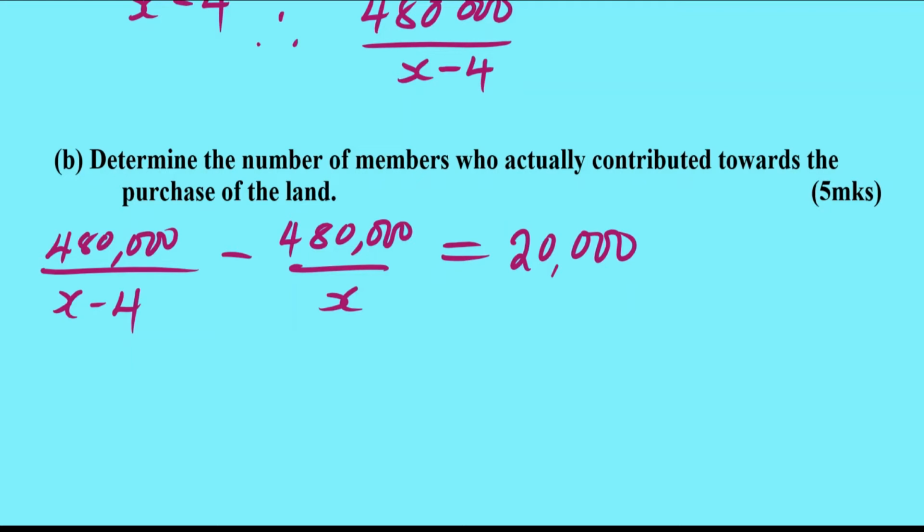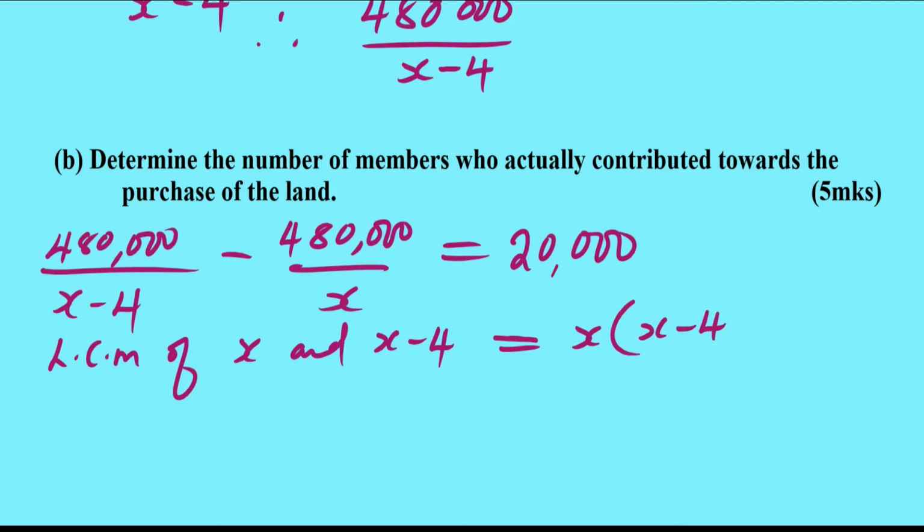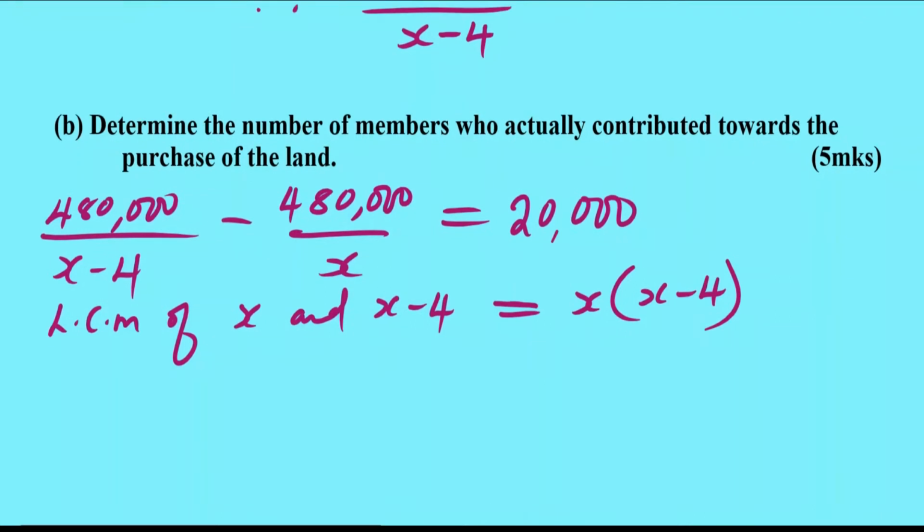Now we need to work out this expression and get X, which represents the number of members. To work this out, we need to get the least common multiple of the denominators X and X minus 4, which will give X times X minus 4. After we do that, we need to multiply each of the 3 terms by this least common multiple.